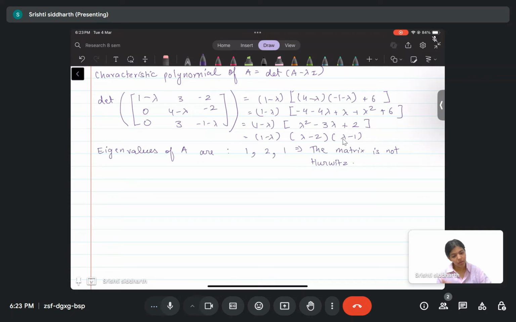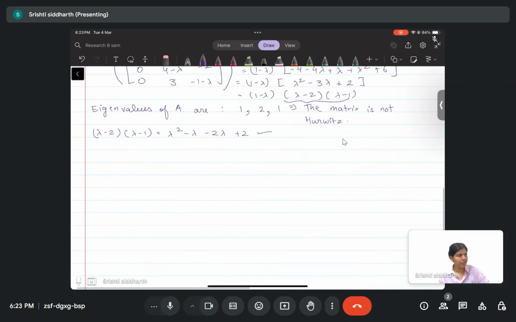Let's check if this is correct: it's (lambda minus 2)(lambda minus 1), which is lambda square minus lambda minus 2 lambda plus 2. That's true. All right, so the matrix is not Hurwitz.